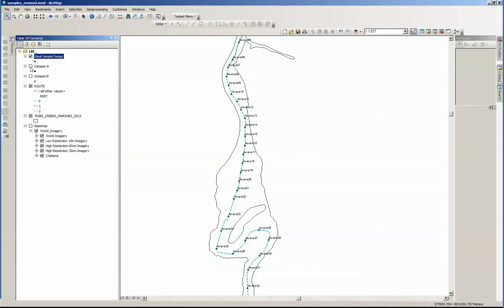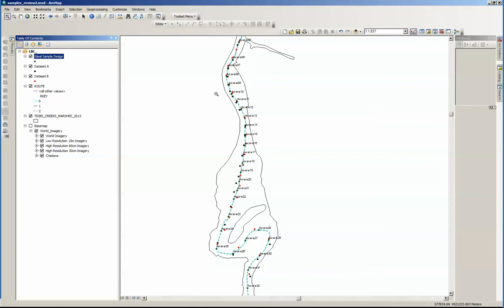So the question then becomes, well, okay, that's what they should be. How do we know which data set, A or B, more closely adheres to the sample design?